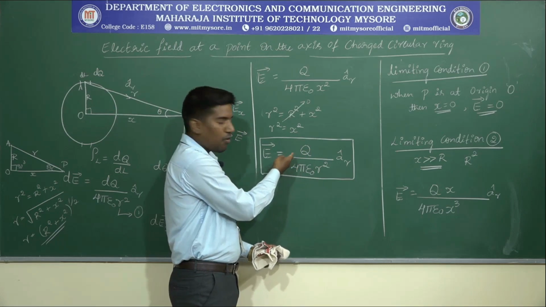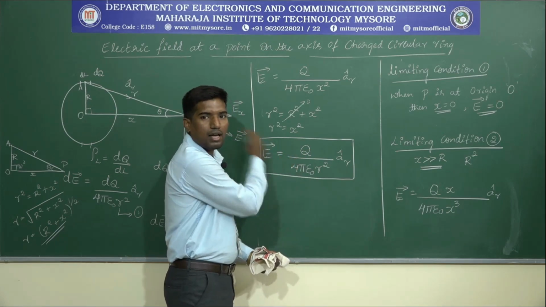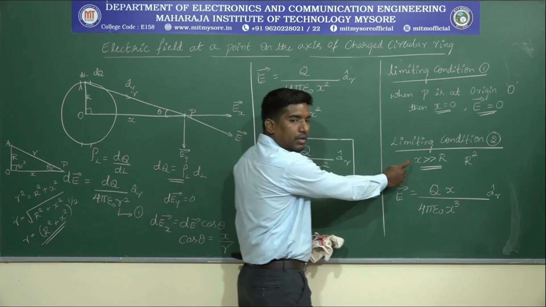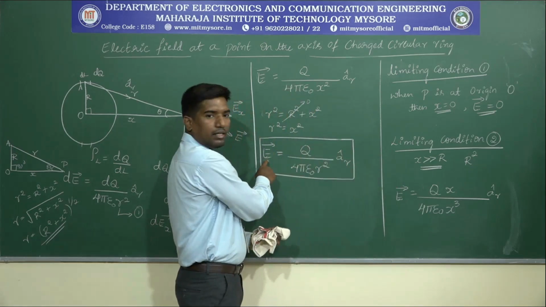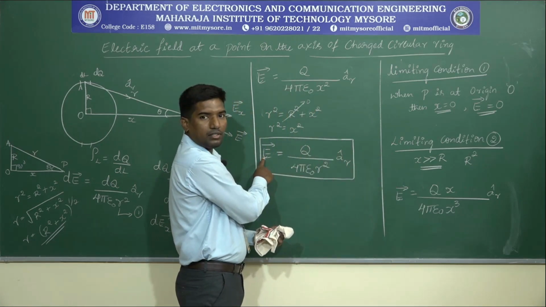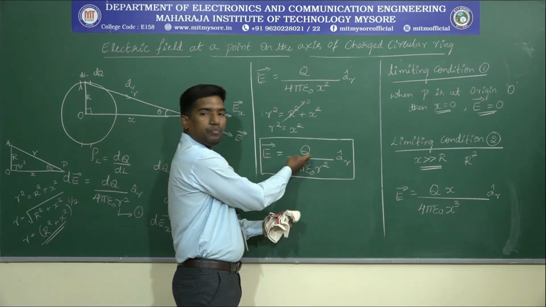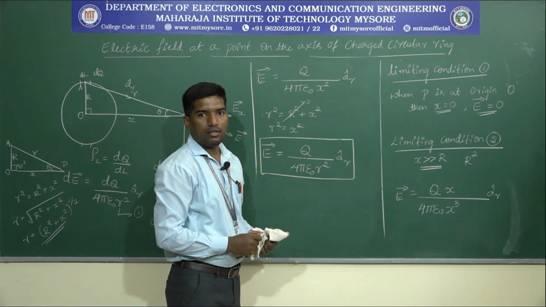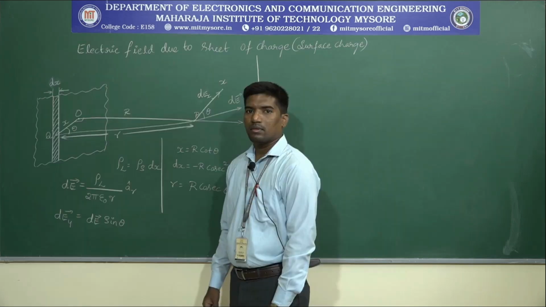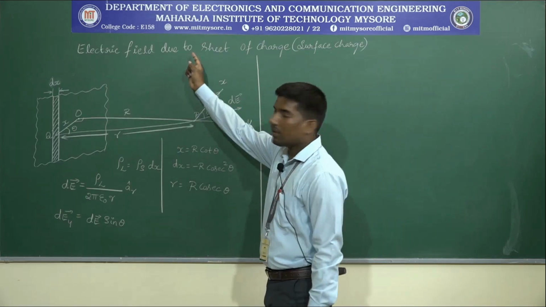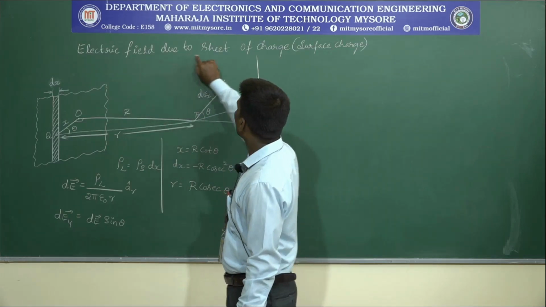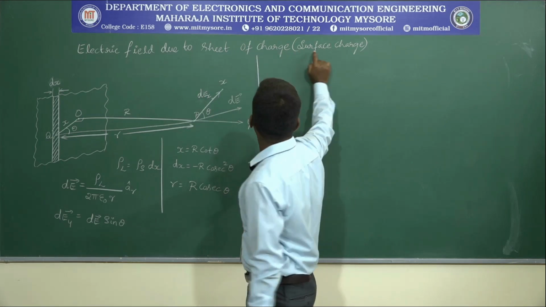And under this limiting condition, this equivalent total electric field intensity is equivalent to the point charge equation. Got it? Understood?